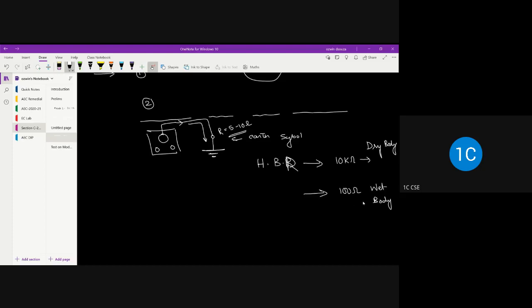That's because your body resistance is about 100 ohms, but earth resistance is always maintained at a very, very low resistance, about 5 to 10 ohms. So current always prefers the low resistance path. So that's the reason it is very important to have proper earthing at our homes.